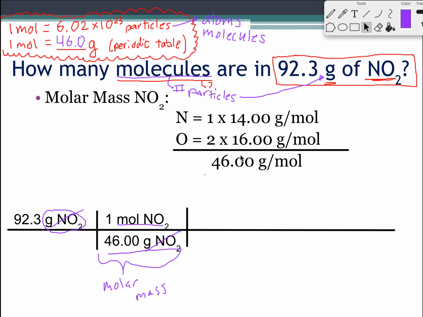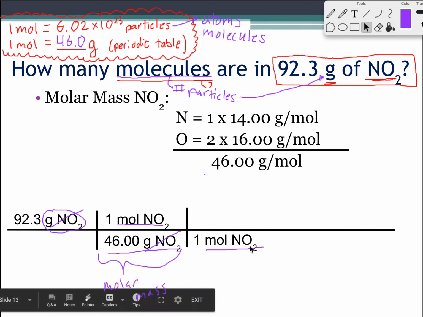If we add another step, the unit that we have right now is moles of NO2. Since that's the unit we have, that's the unit we need to cancel out, so moles of NO2 needs to go on the bottom. Looking at our conversion factors, our only one left is Avogadro's number, which says that 1 mole is equal to 6.02 times 10 to the 23rd particles.